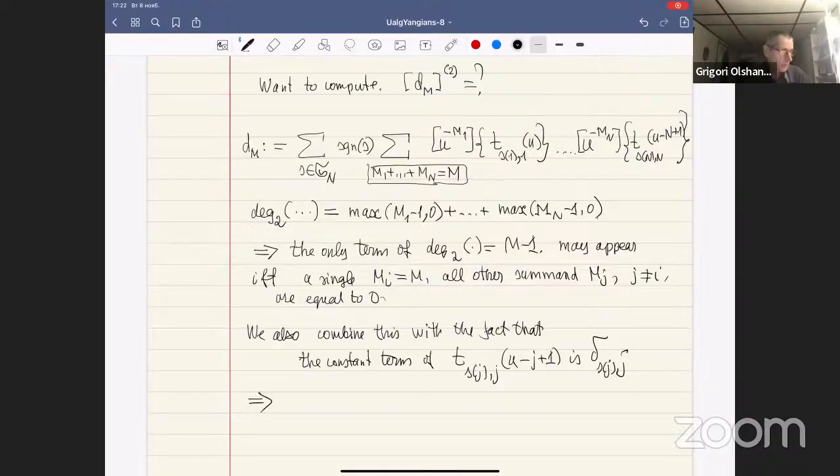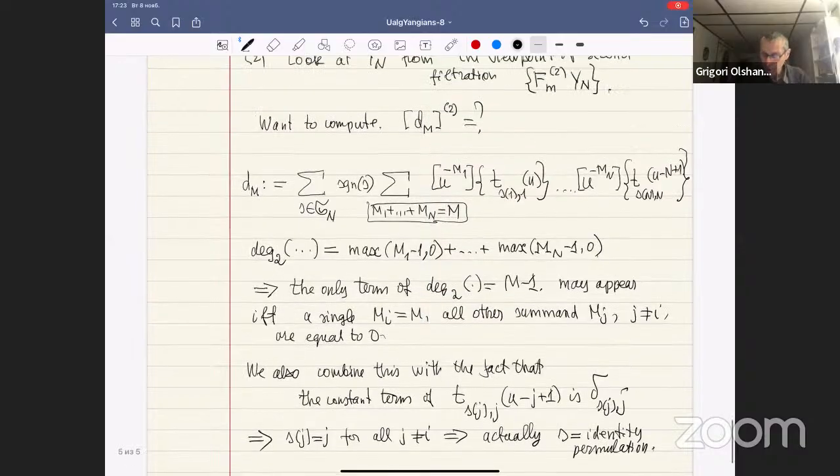So this entails that we have this for all, and hence S should be equal to the identity permutation.